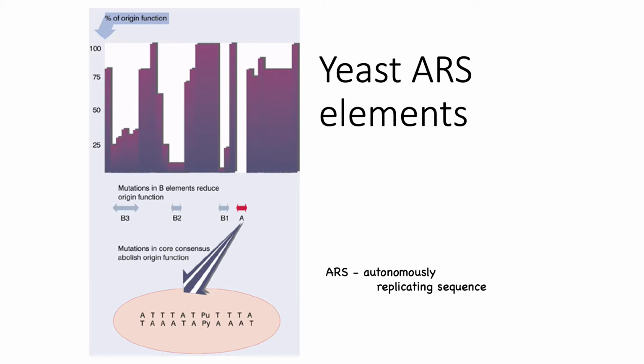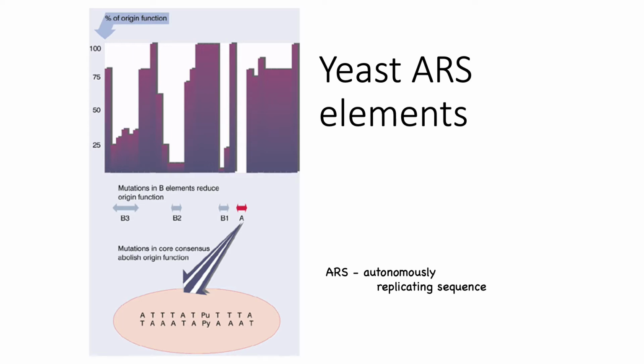So this is a circular piece of DNA, like a plasmid in bacteria, that's found in yeast, and it's called a 2-micron circle because it looks like it's about 2 microns when you see it in an electron micrograph.